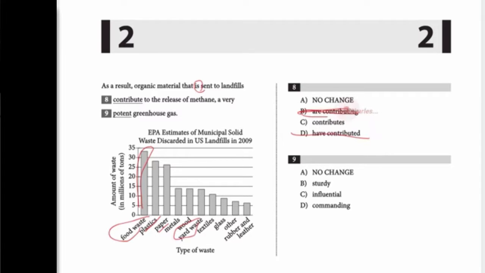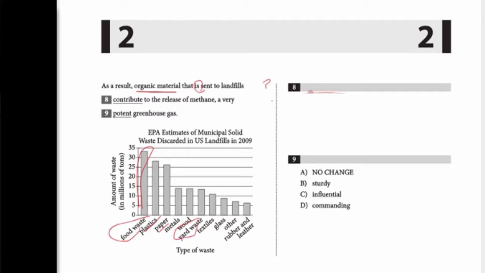That's not correct. The issue here is whether organic material is plural or singular. If it's plural, they contribute without an S, and if it's singular, it contributes with the S. So A or C, depending on the answer to that issue. Organic material.